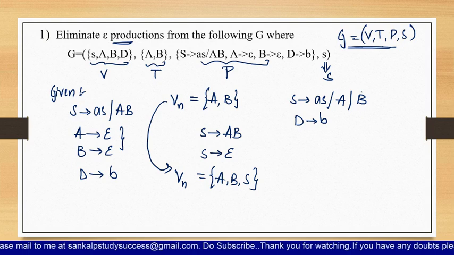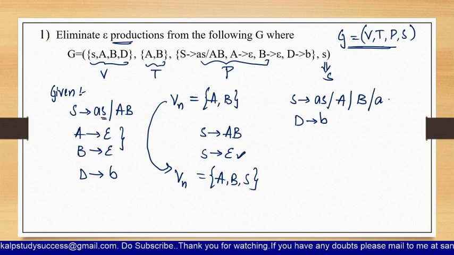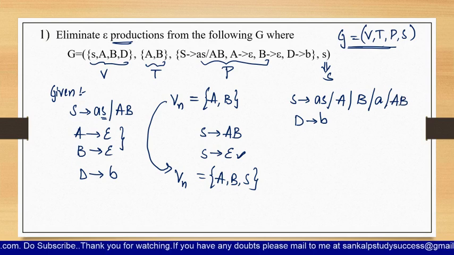And S is also tending to epsilon. That means if you substitute epsilon in the place of S, then you are going to get small a, correct? So, in this way, these are the productions, and also the remaining production is AB, right? So these are the productions you get after replacing the null values of the given variables.